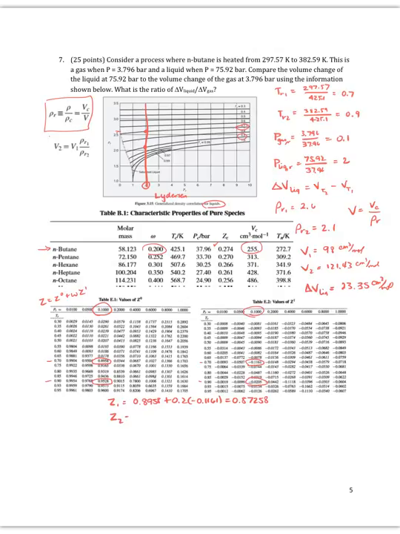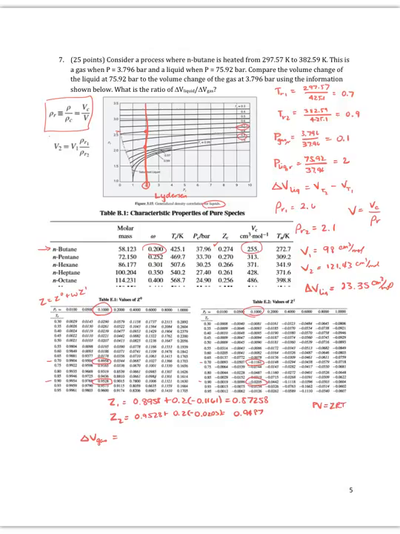At state 2 it's 0.9528 plus 0.2, that's my omega, times negative 0.0205, and this is 0.9487, all gas-like values. And delta V for the gas, well, I can use PV equals ZRT.